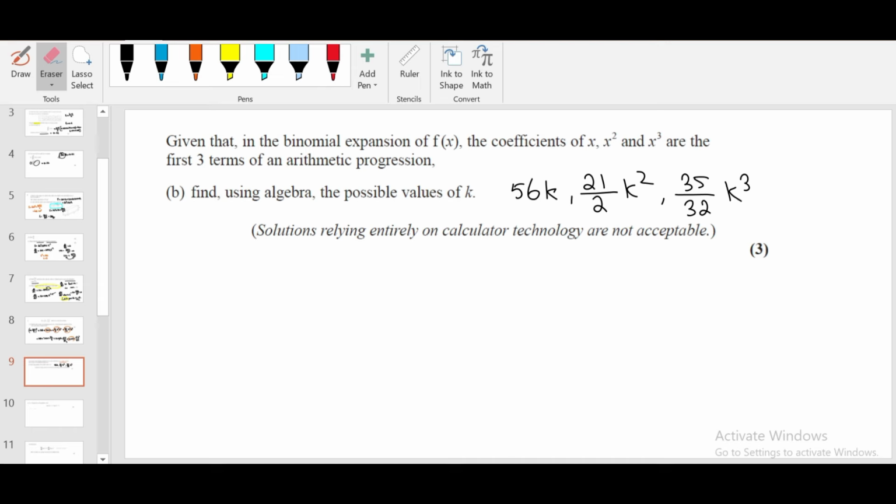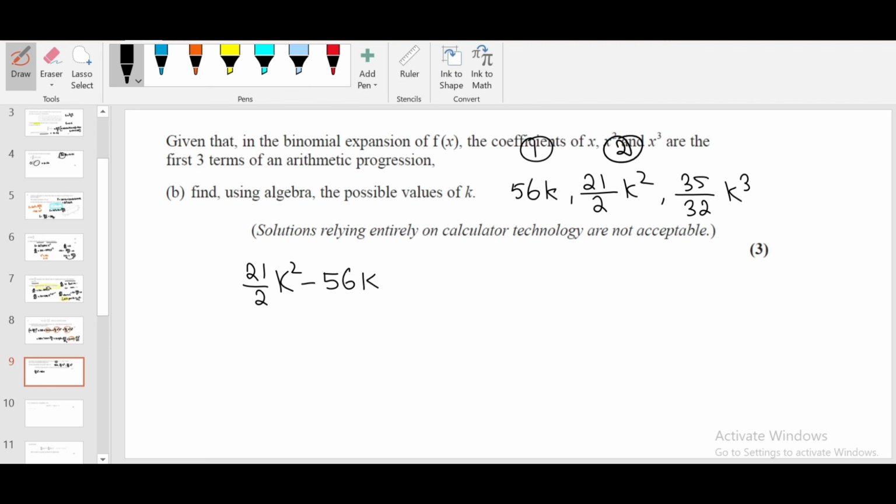If these 3 terms are the first 3 terms of an arithmetic progression, we find the common difference. Second term minus the first term will give you the common difference, which will be the same as third term minus the second term.